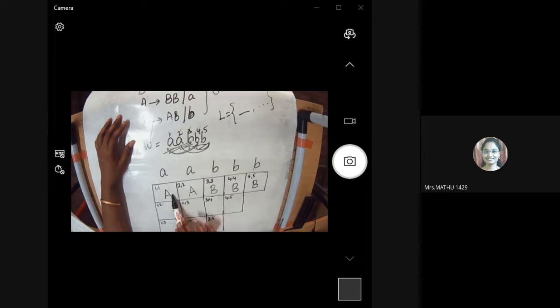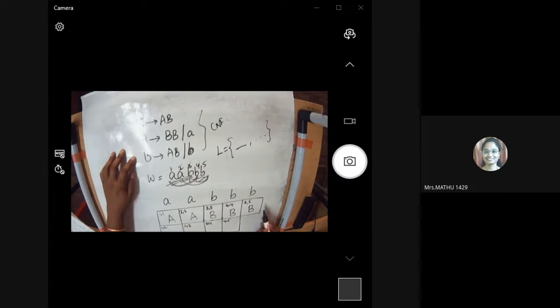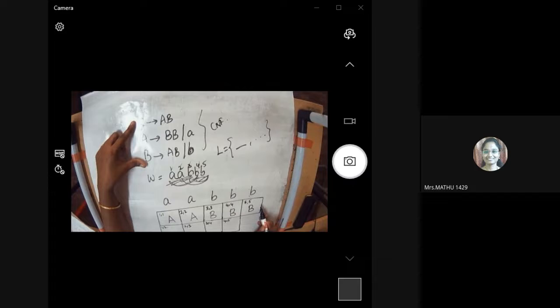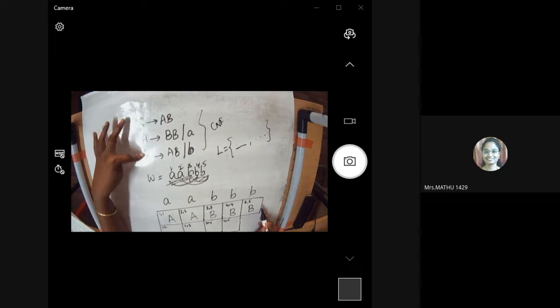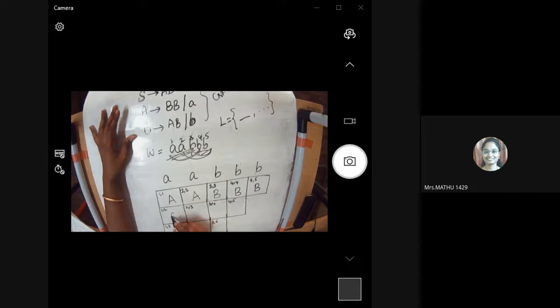Capital A, capital A. So 1, 2 is AA. You check in the given productions whether AA is generated by any of these variables. No, it is not available. So just put a phi symbol. There is no variable that generates AA.